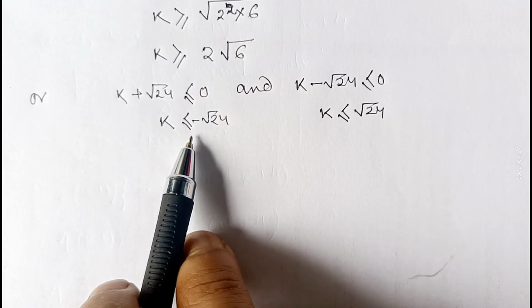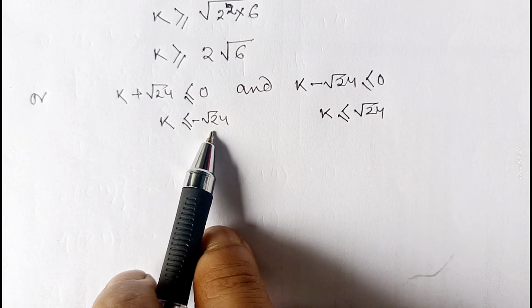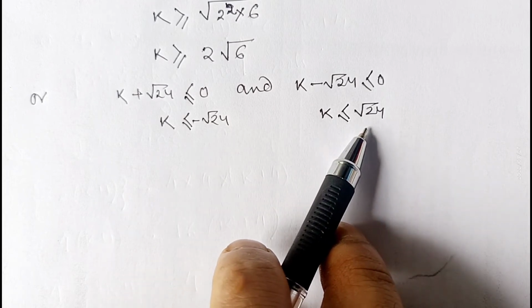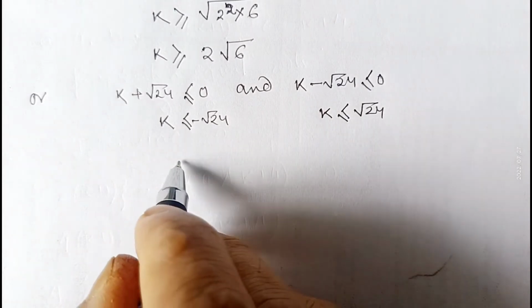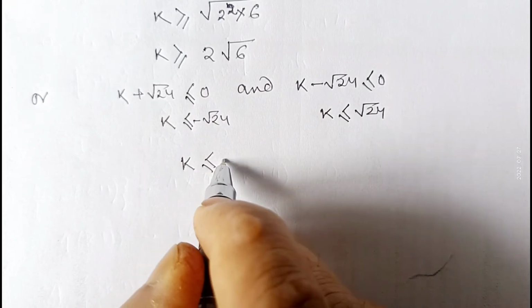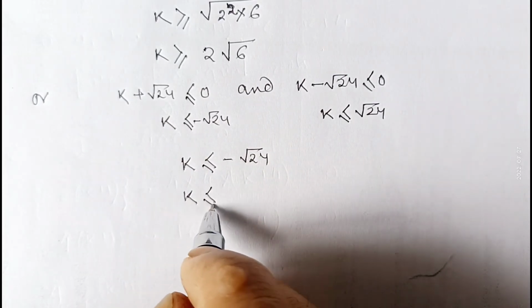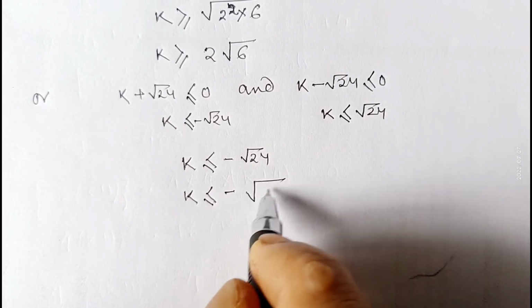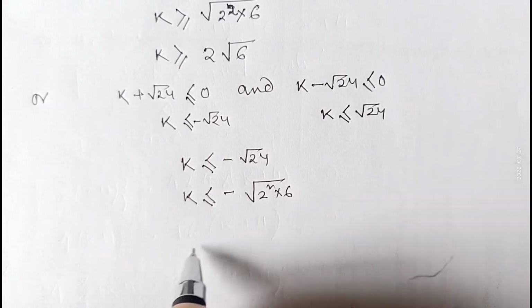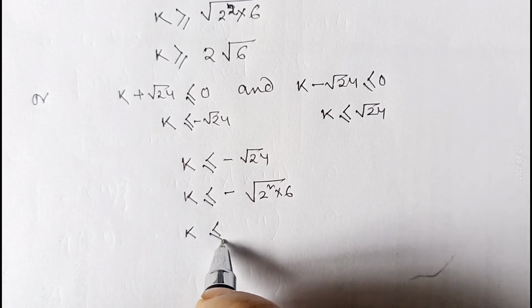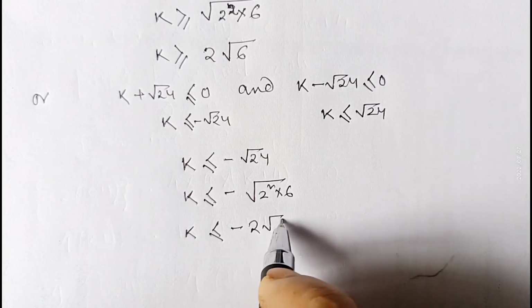Since k is less than equals to minus root over 24, definitely it will be less than root over 24. So from these two we can write k less than equals to minus root over 24, which can be written as k less than equals to minus root over 2 square into 6. So k less than equals to minus 2 root over 6.